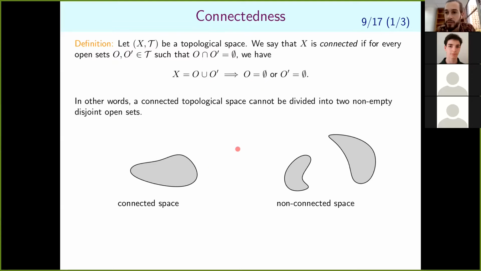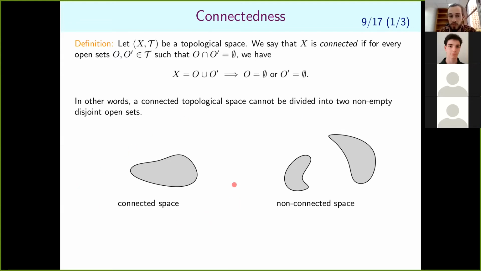You can rephrase this definition like that. If a space is connected, then you cannot subdivide it into two open sets that are non-empty and disjoint. If you want to divide your space in two open sets, disjoint and non-empty, this is impossible.